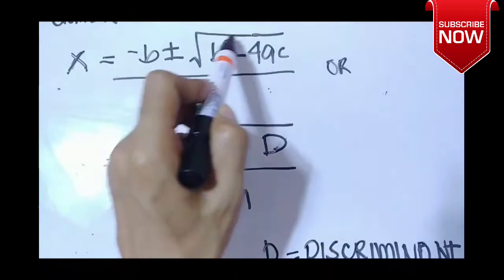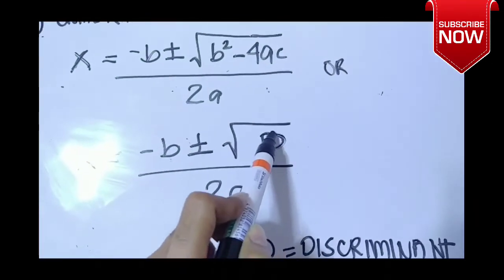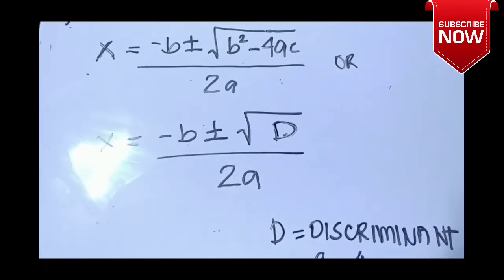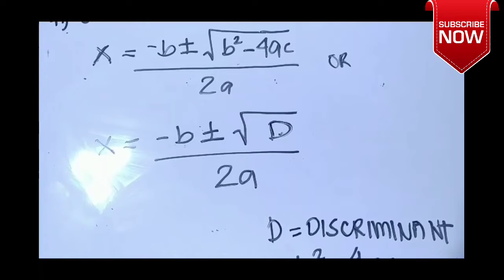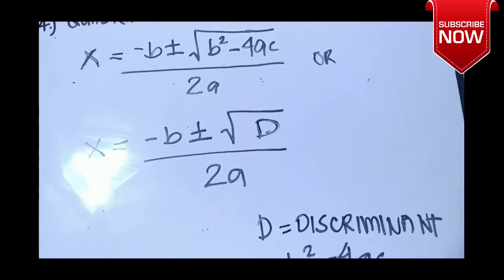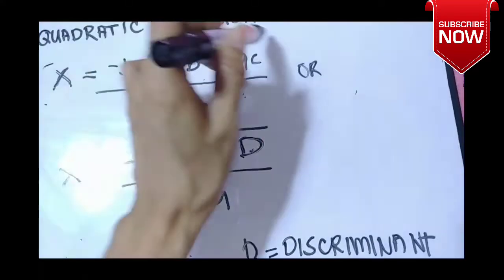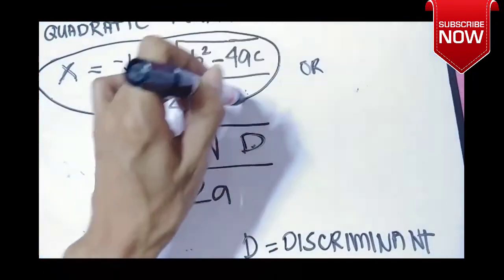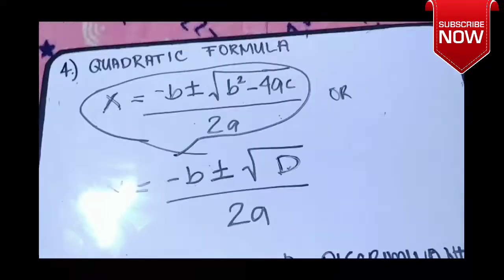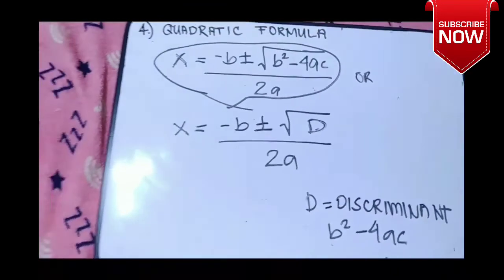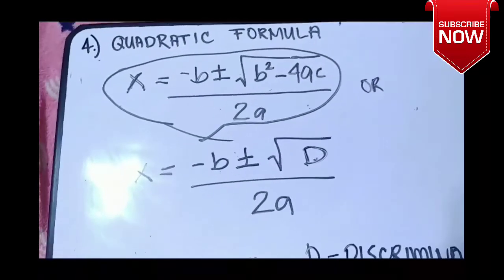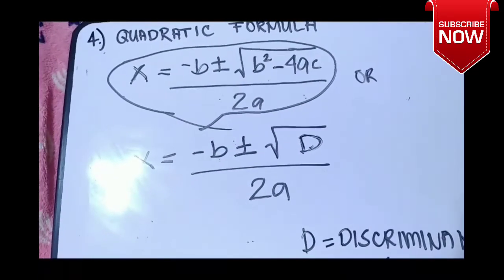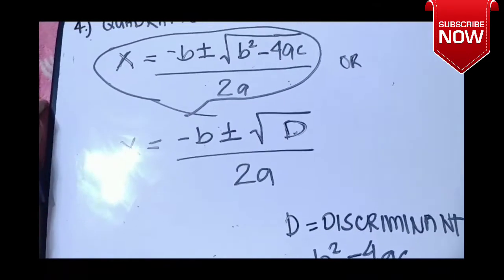Kaya pinalitan lang natin ng letter D para shortcut natin yung formula. Pero ako nung high school ako, ito lang yung minemorize ko. Talagang minemorize ko na to at tumatak na sa isipan ko hanggang sa hindi na siya nawala. At dala-dala ko na ngayon hanggang sa nung nag-college ako up until now. Okay, so proceed na tayo ngayon sa sample.